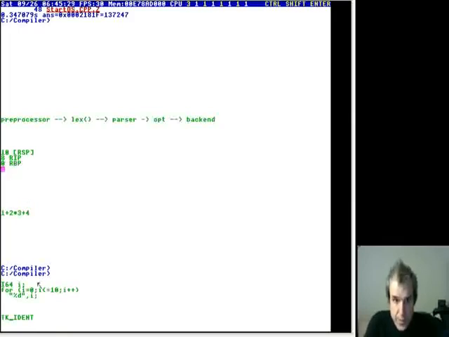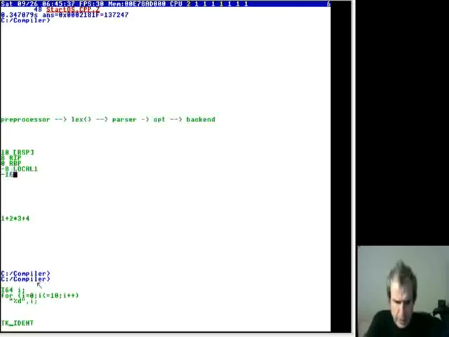I use the old school stack frame all the time. I use the RBP stack frame, and that makes it possible to climb the stack really easily.